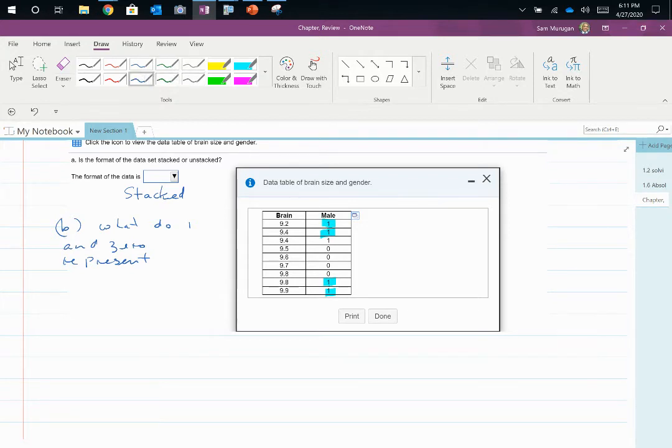So if the person is not male, then we're going to assume that the 0s represent females.